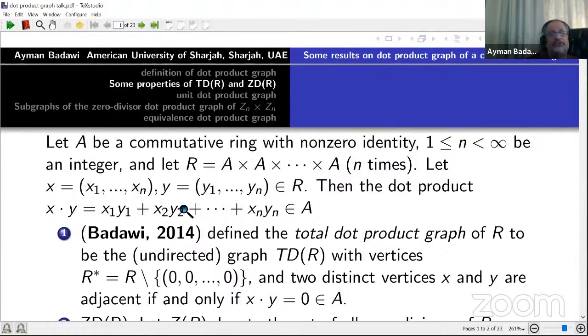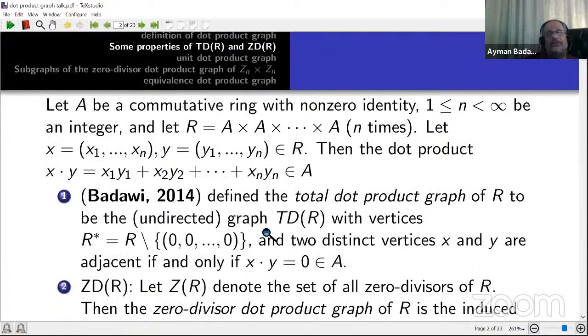And we want this element to be in A. That's the dot product. So we know what the dot product means.